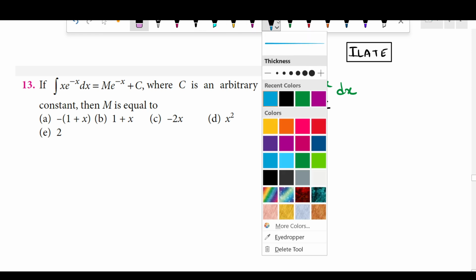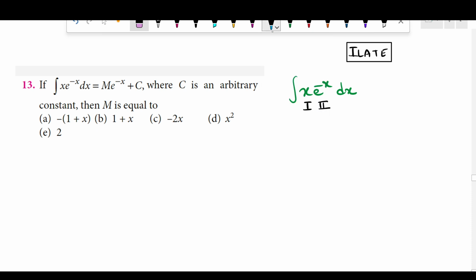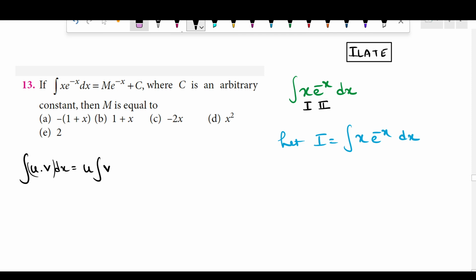So let's solve this. Let I equal the integration of x e to the power minus x dx. Then we know this formula: integration of u v dx is equal to u times integration of v dx minus integration of (du by dx times integration of v dx) whole dx.